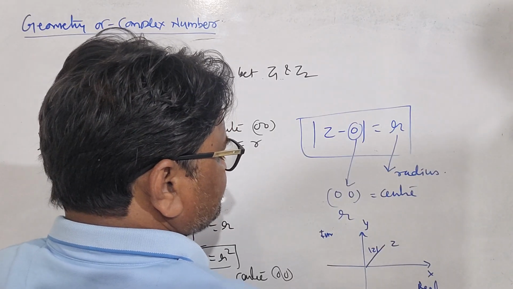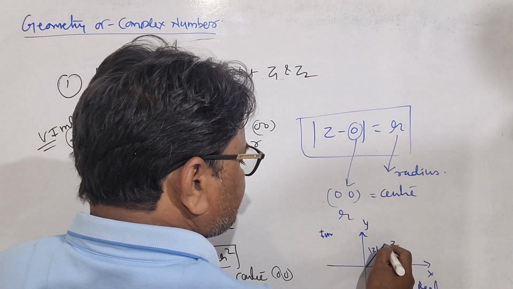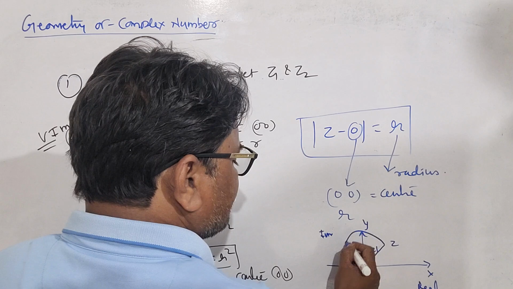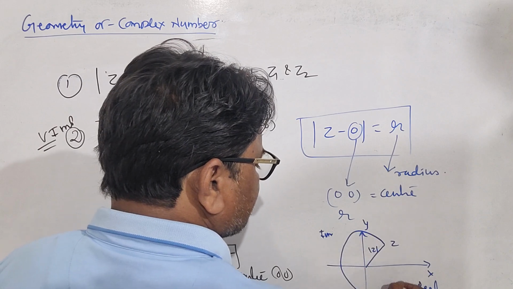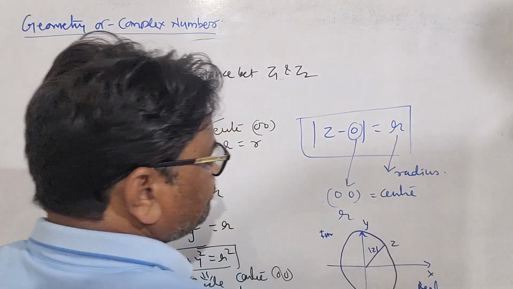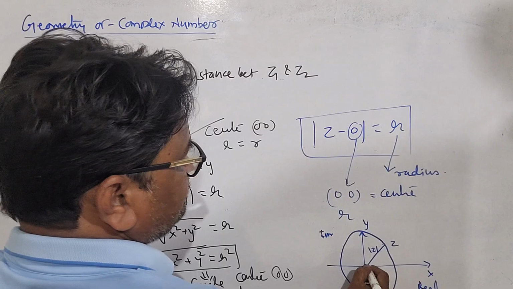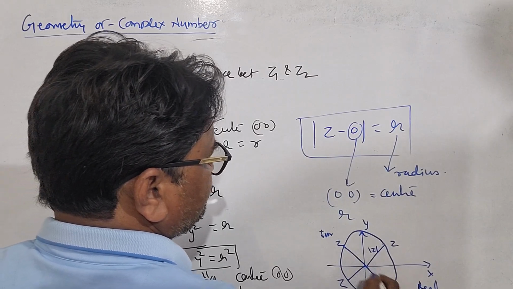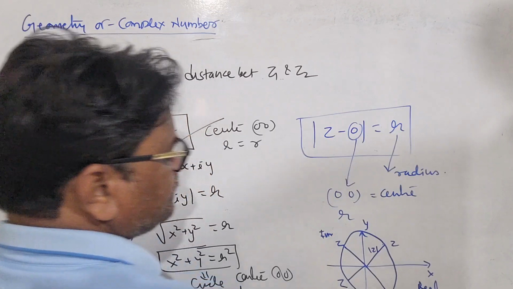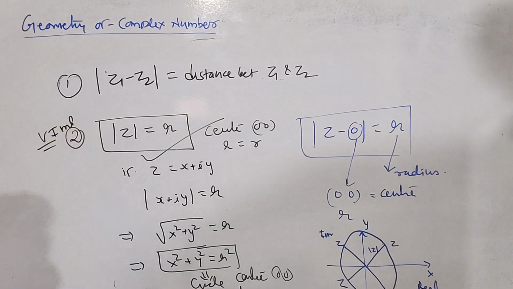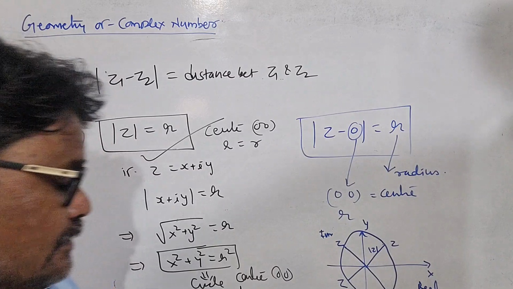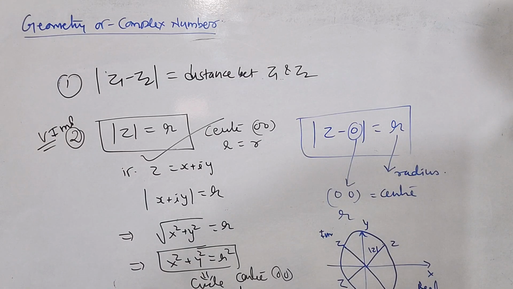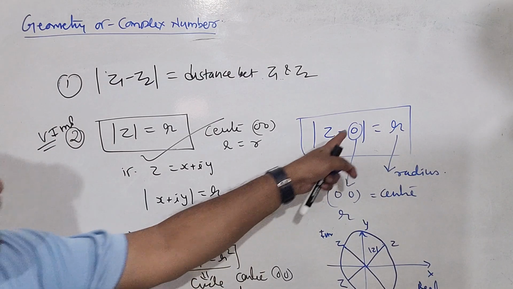Okay, so z can lie anywhere on the circumference of this circle. If I say that z is lying over here, or over here, or over here, the modulus of z is coming out the same. That is, the modulus of z means the distance of the complex number z from the origin.